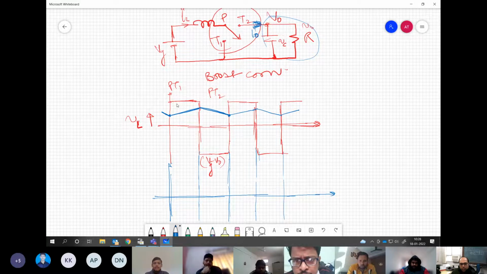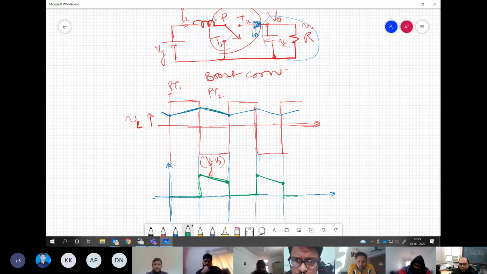So for PT1 time, this is 0, because this is shorted here, there is no current injected in this duration. And during PT2, the same current, whatever is there in the inductor, will flow to the load side. And then it is 0, and then it is this. Do you see this? So our load current is kind of discontinuous over here.